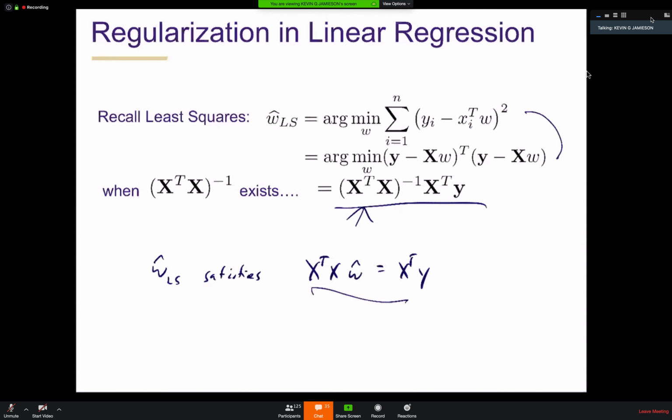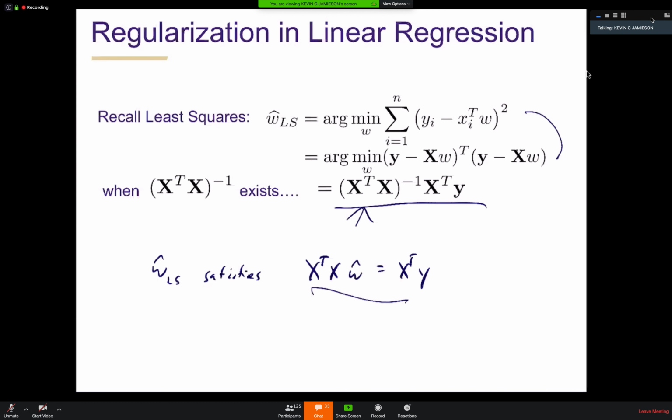Because if x transpose x is not invertible, that means it's not full rank. And if x transpose x is not full rank, that means it has a non-empty null space. A vector x is in the null space of a matrix A if Ax is equal to 0.